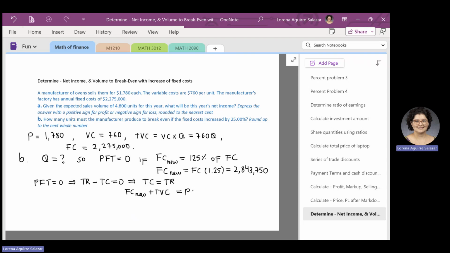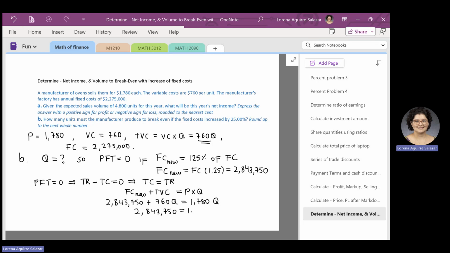Then we want to ensure that $2,843,750 plus, and here we have this value, 760Q is equal to P times Q, and P is 1,780, then times Q. And we need to find Q. So we're going to isolate Q. Here we have $2,843,750 should be equal to $1,020Q.